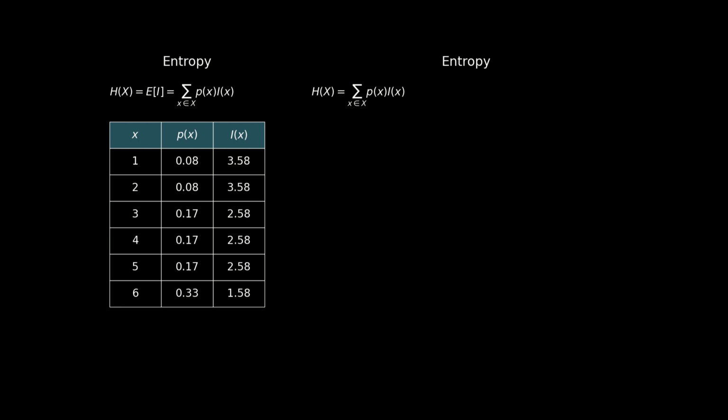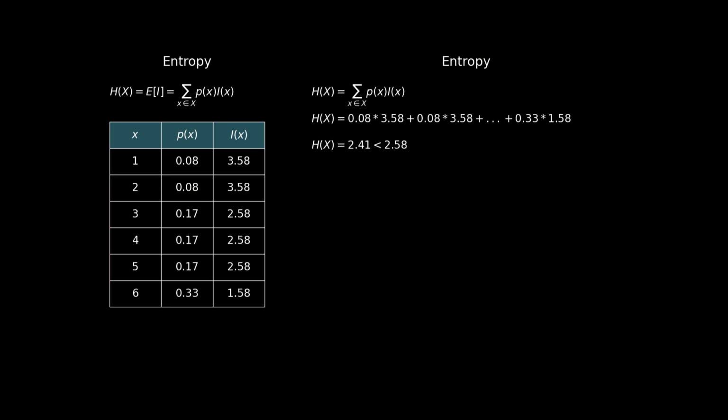The weighted average information is the probability of the first outcome times the information of the first outcome plus the probability of the second outcome times the information of the second outcome, and so on until the sixth one, which works out to approximately 2.41.